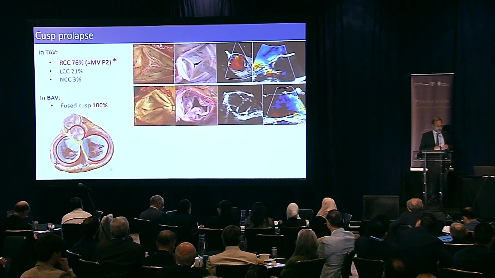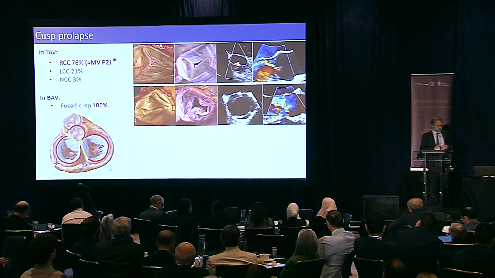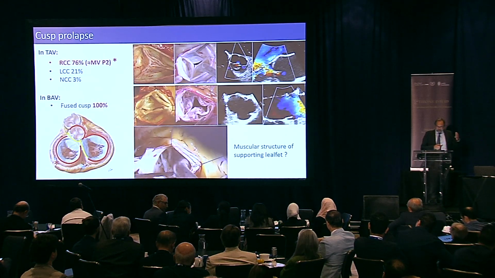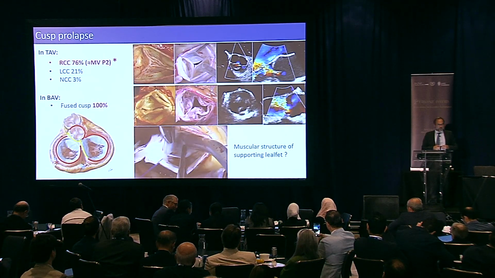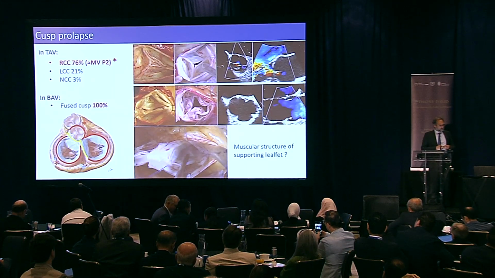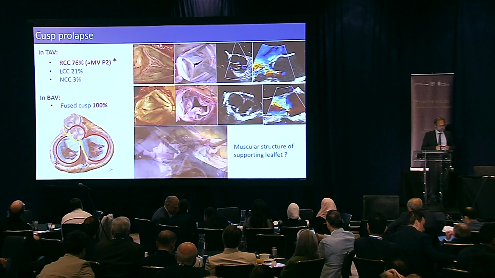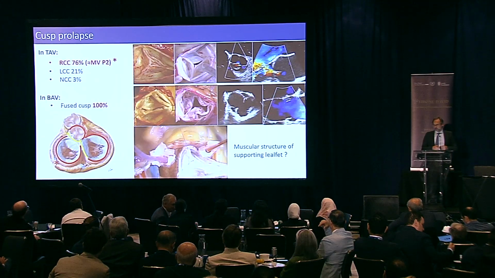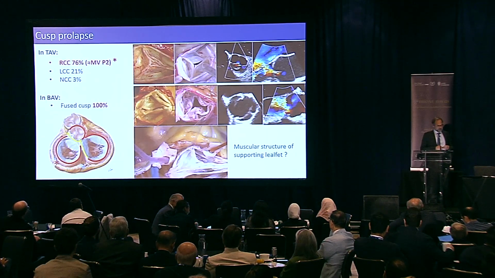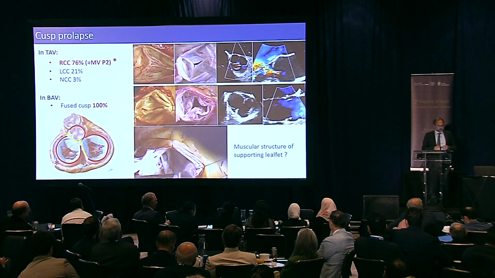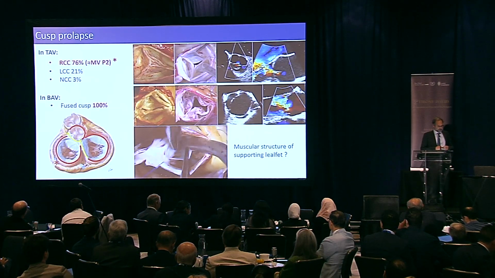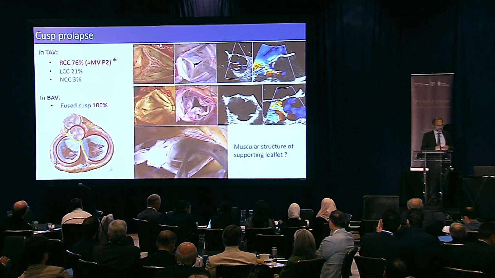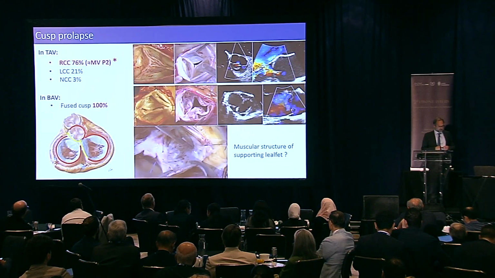Very rarely there is a B-leaflet prolapse. What is the reason? It's not completely understood, but probably the muscular structure supporting those leaflets is one of the reasons why those leaflets prolapse more often than the others.